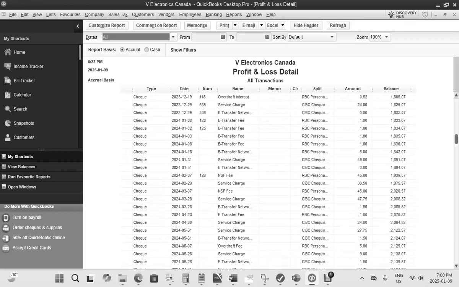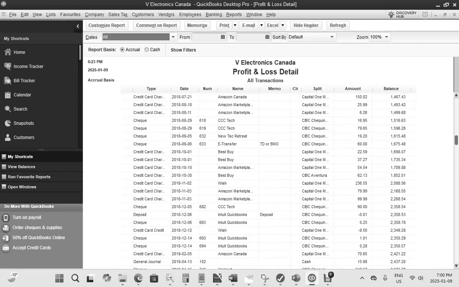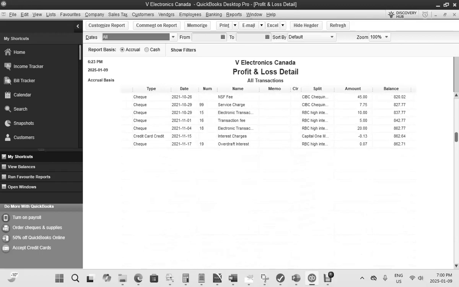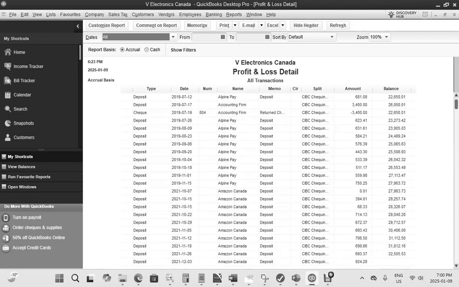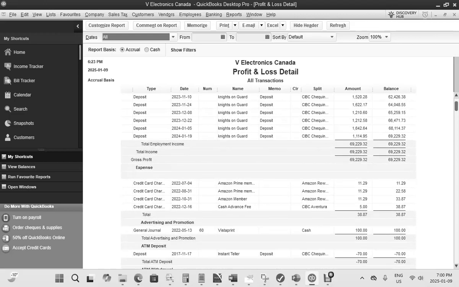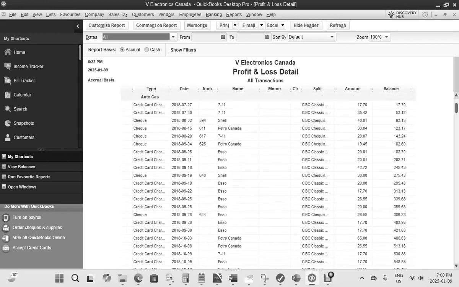You can populate all your bank service charges, your business expenses, your revenue from business, your sales, as well as your employment income. This is what you can do with QuickBooks, and you can do this for every single year, or multiple years at once, depending on your needs.